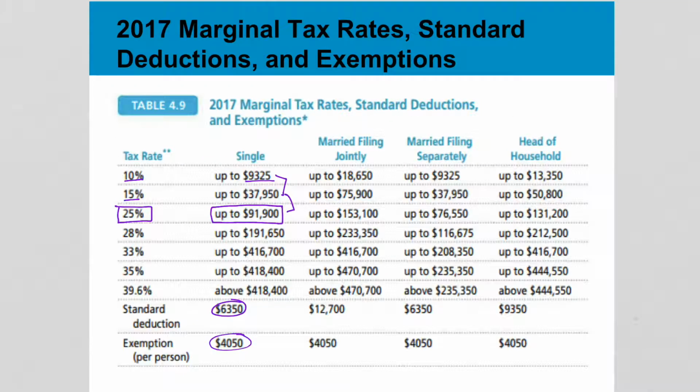So way back here, he is head of household. And so he's got a standard deduction of $9,350 and exemptions of $4,050 per person.